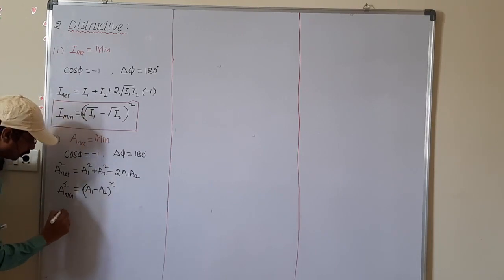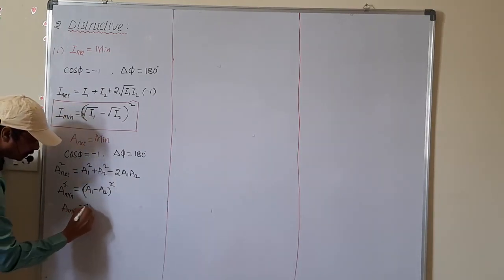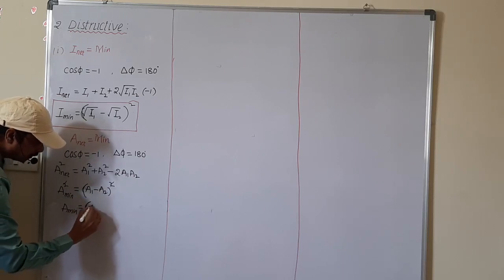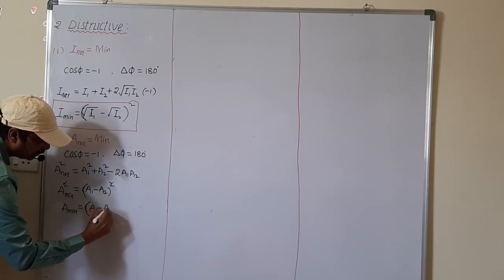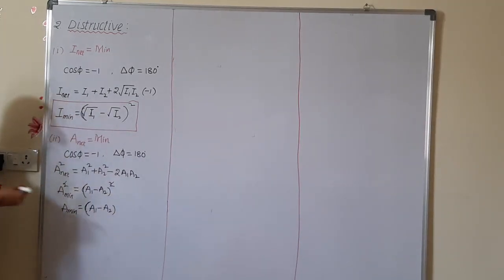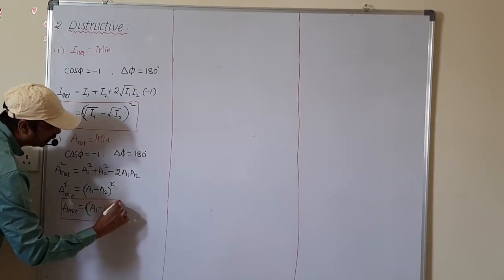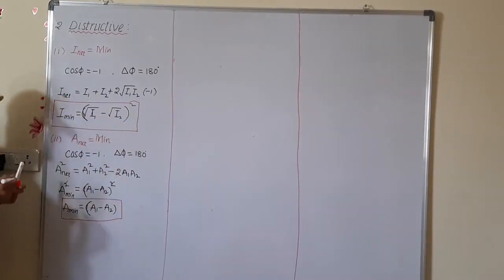The square gets cancelled, so A minimum is equal to A1 minus A2. This is the formula for minimum amplitude. At this amplitude, we will get the destructive interference.